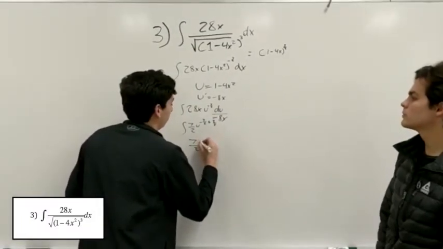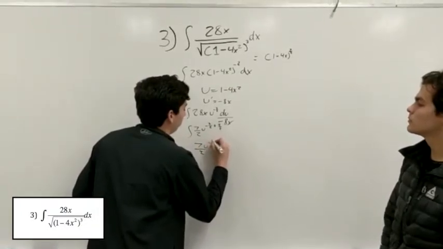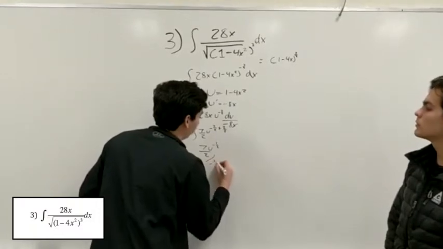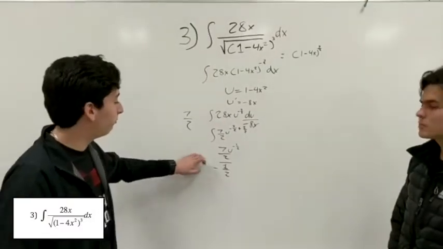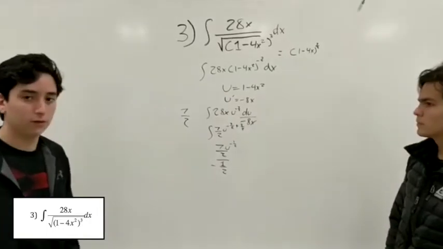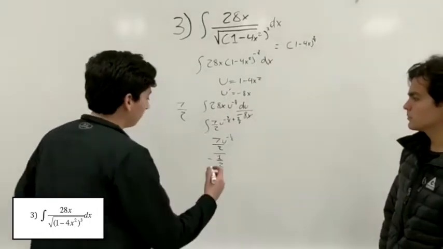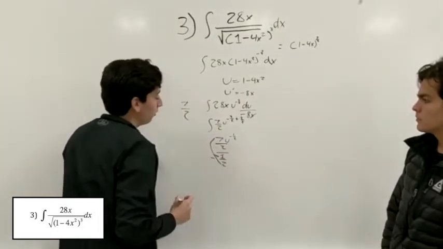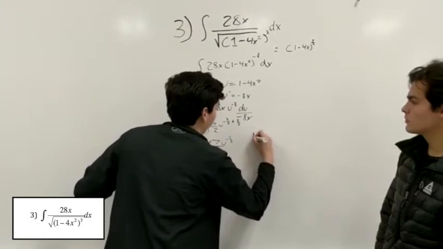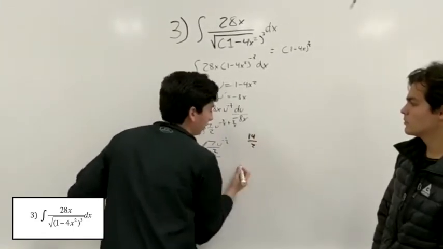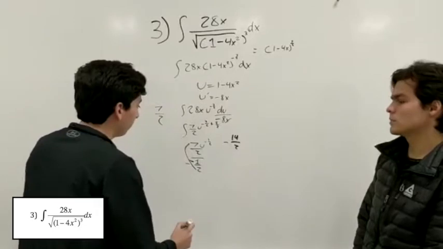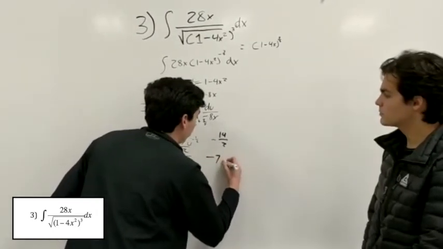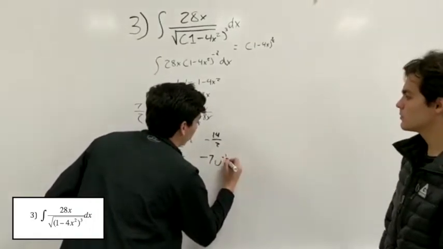So u to the negative 1/2, and this divided by negative 1/2. So now that we have to divide by 1/2, we can do the tortilla method, which is outer, inner, which is 14 divided by 2, and it's negative. We simplify, it's negative 7. So negative 7 u to the negative 1/2.